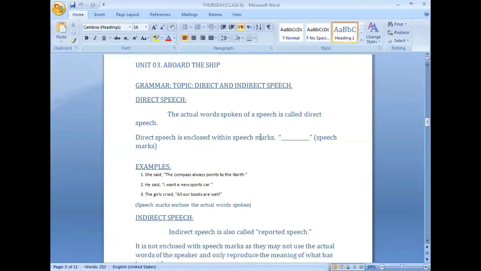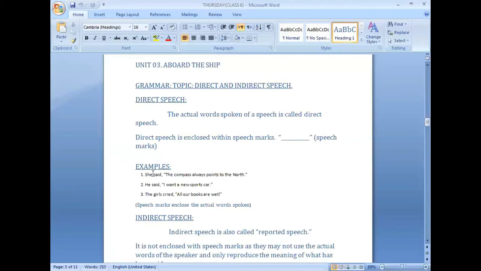So when the speaker is saying something, the actual words of the speaker are called direct speech, and they are written with inverted commas open, and at the end there will come inverted commas closed. This is called direct speech. The speech marks enclose the actual words of the speaker.